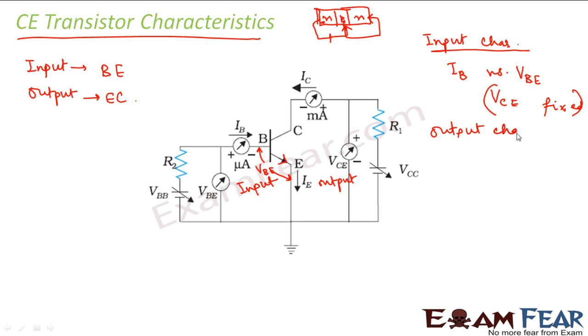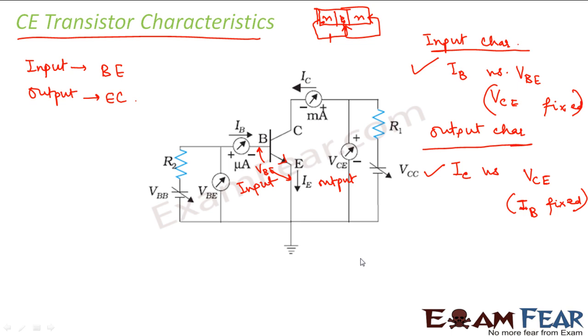Now similarly, when we study the output characteristics, we will see the variation of the output current with the output voltage. That means we will see the variation of IC with VCE. And in that case, we will keep the input parameter fixed, that means we will keep the input current IB fixed. So this is how we will study the variation of input current with input voltage and output current with output voltage.